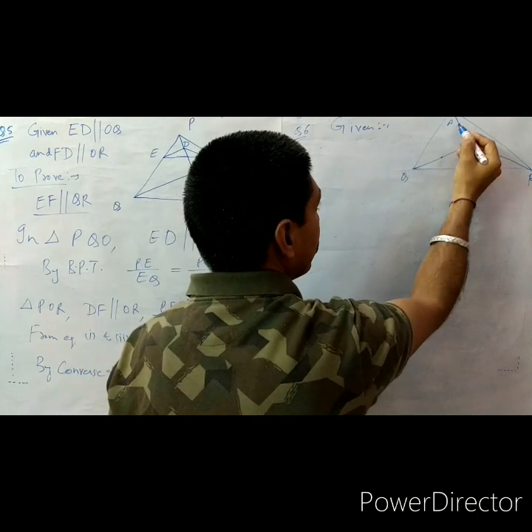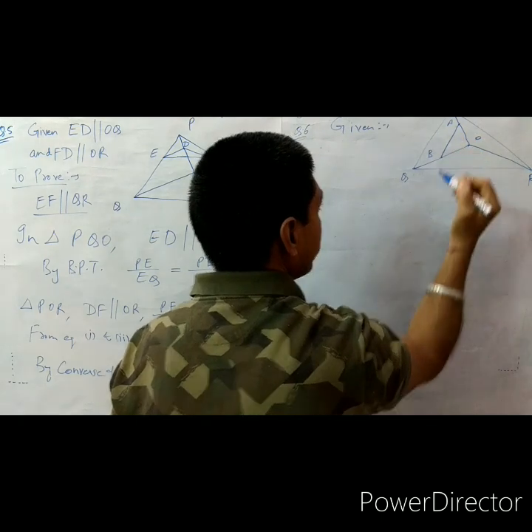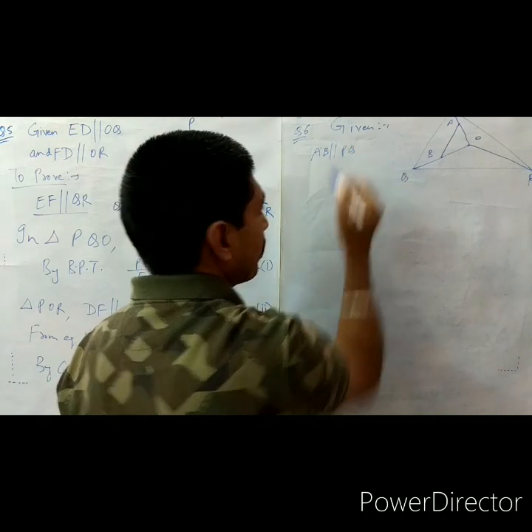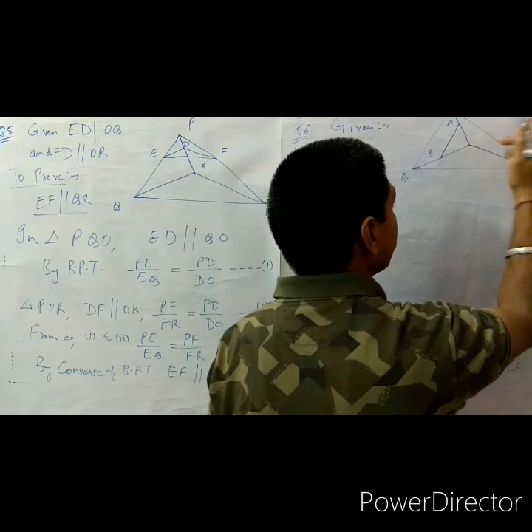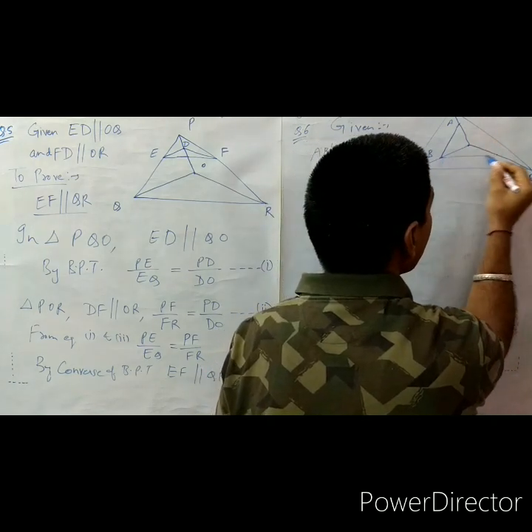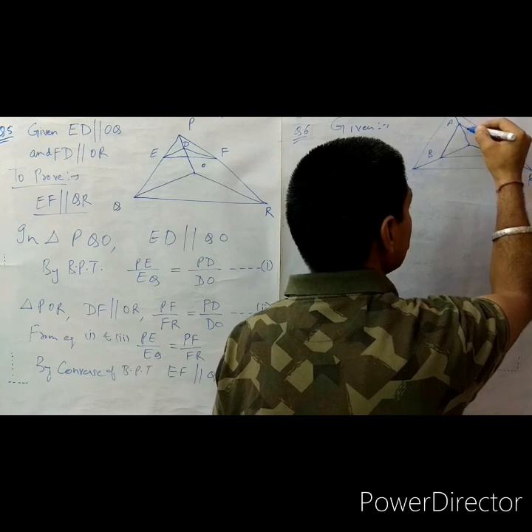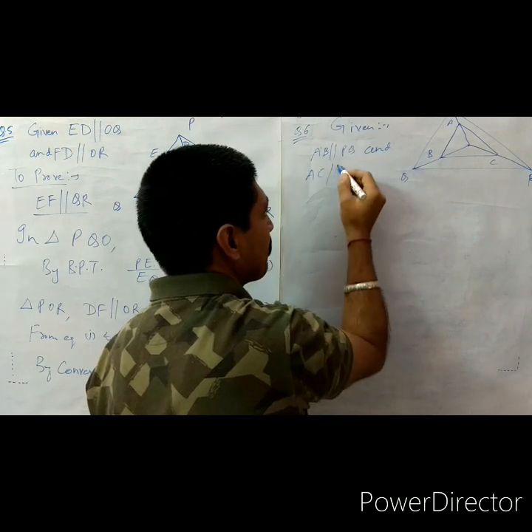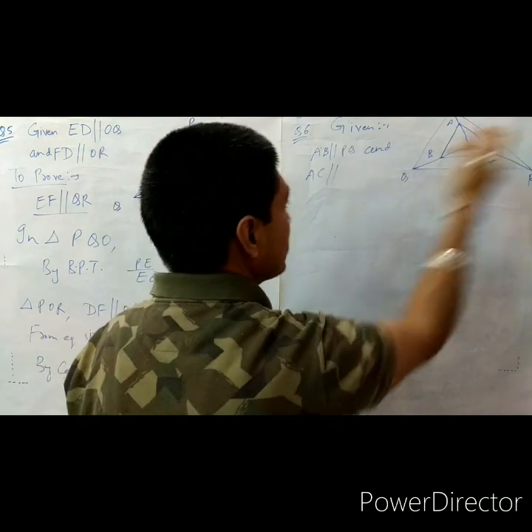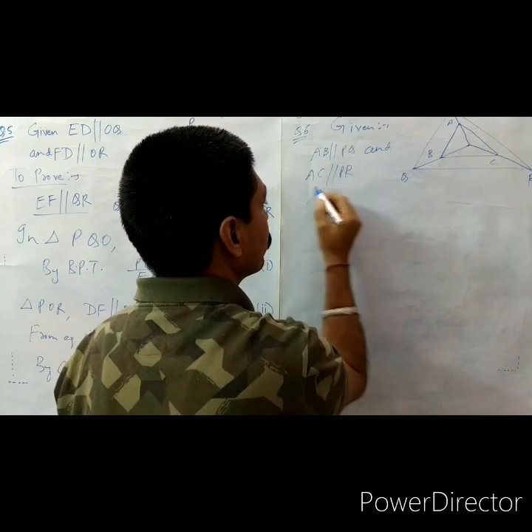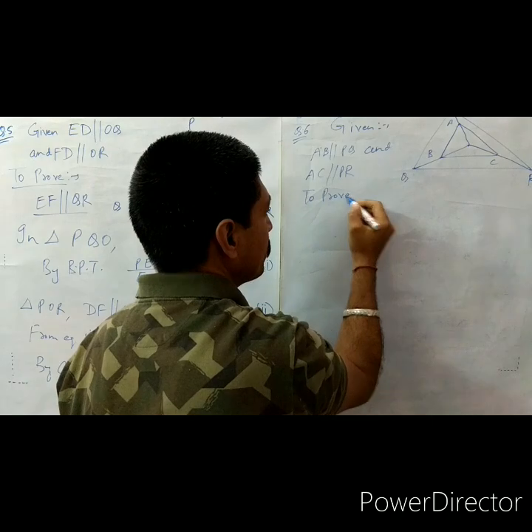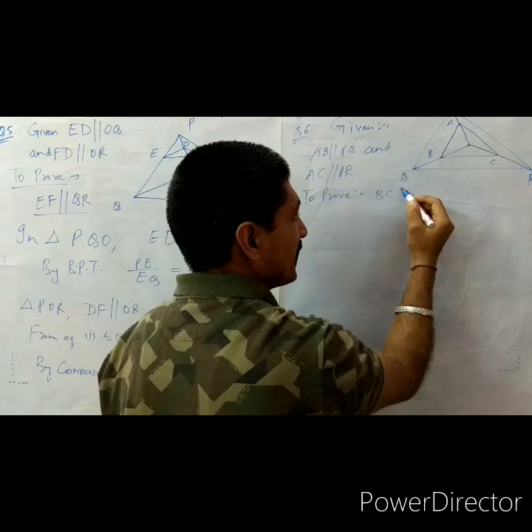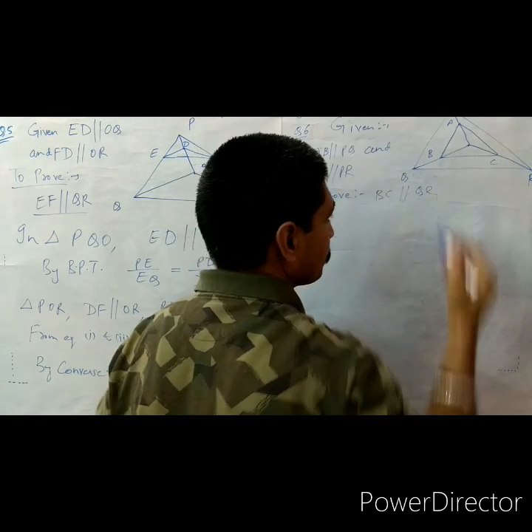A is a point here and join A with B, B is a point here, AB is parallel to PQ, given, and here is a point C such that AC is parallel to PR. To prove, in this question we have to prove that the third side BC is parallel to QR.